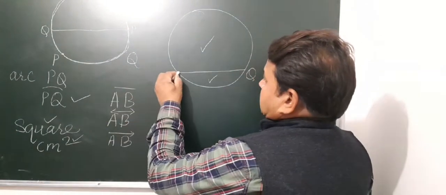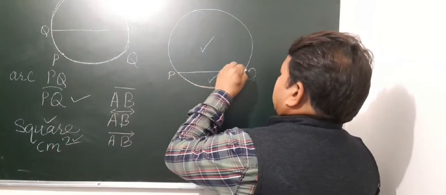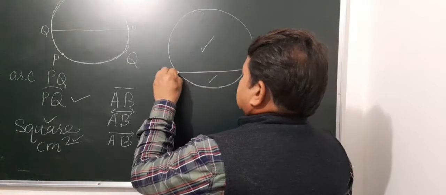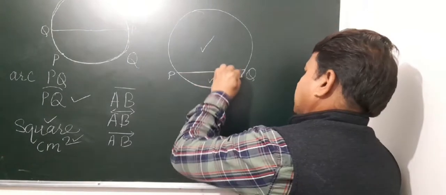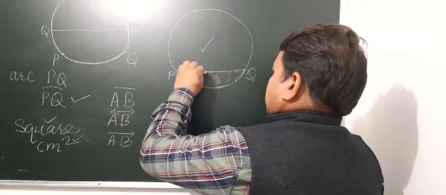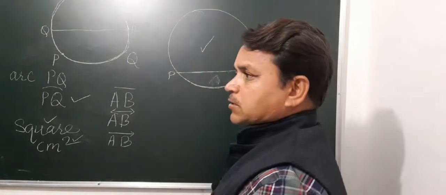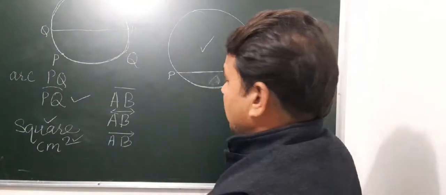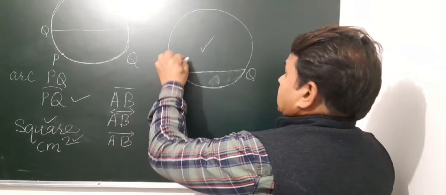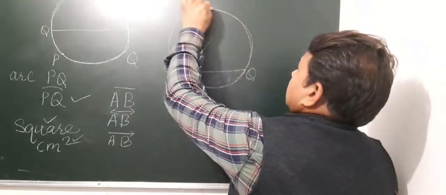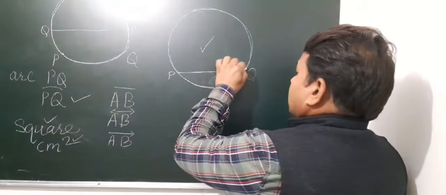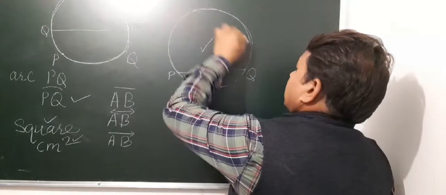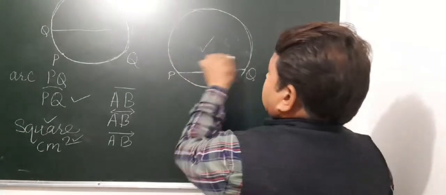So this is the arc and this is the chord, and the region between them is this one. This will be known as a segment. Again the same rule applies here. This is the arc, of course the major arc, and this is the chord, and this is the area included between them.